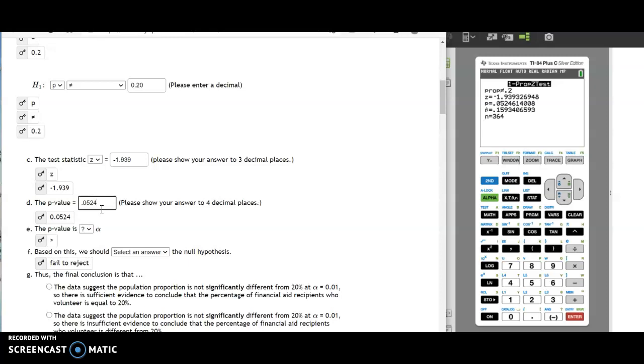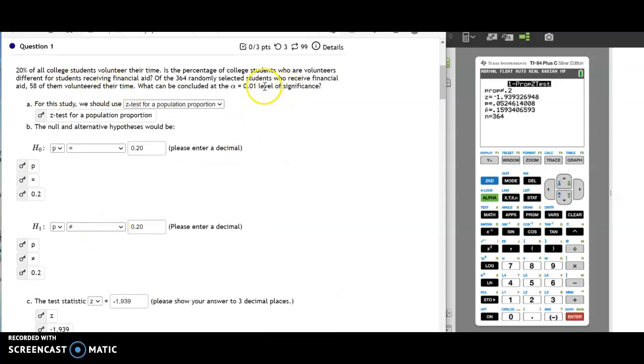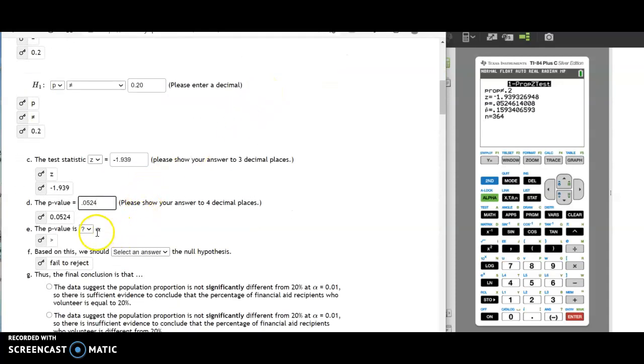Now, how small is small? That's what the alpha is talking about. In this case, the alpha was 1%, 0.01. So they're saying anything less than 1% is not believable, and then we reject the idea. So since our p-value is 0.0524, it is larger than alpha. If it's larger, we're saying, okay, we'll believe that.